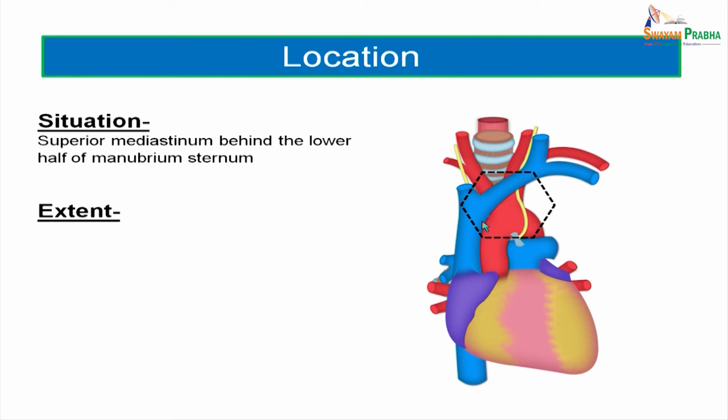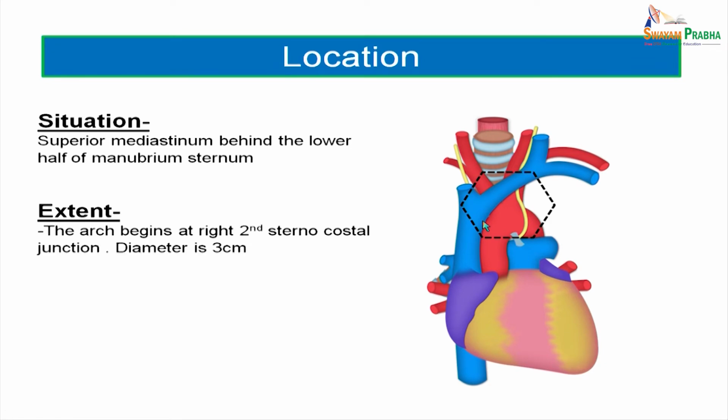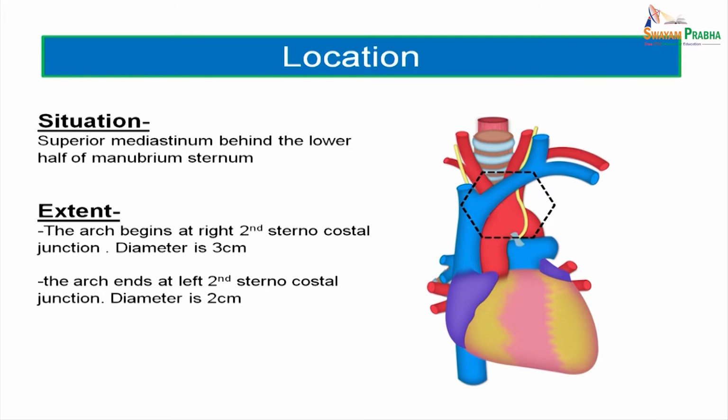So what is its extent? The arch of aorta begins at the right sternocostal junction, and here the diameter is around 3 centimeters, and it starts as a continuation of the ascending aorta. And the arch proceeds backwards and it ends at the left sternocostal junction, and here the diameter is around 2 centimeters.